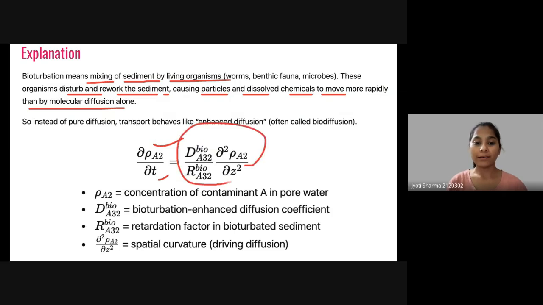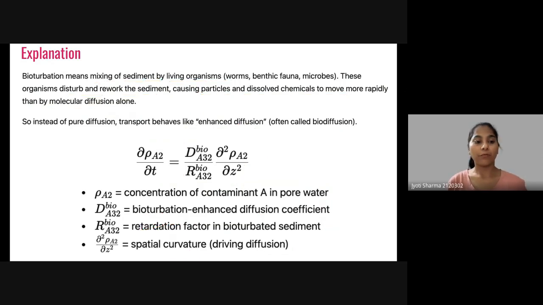We can also write it in the form of biodiffusion. So this is the bioturbation-enhanced diffusion coefficient, the retardation factor in bioturbated sediment, and this is your gradient. So we can write such a term also if we have a bioturbation factor.